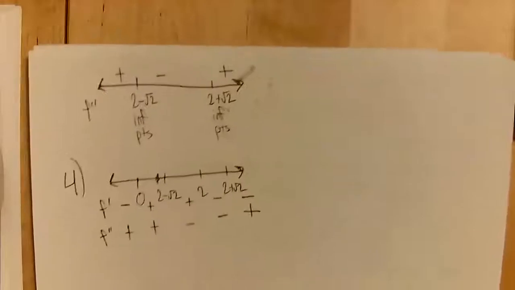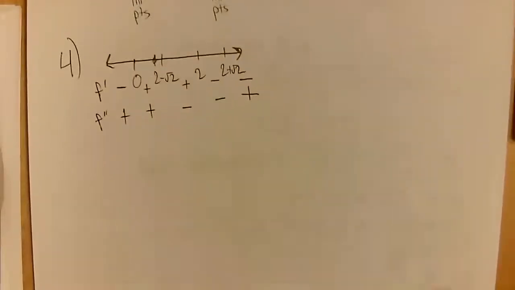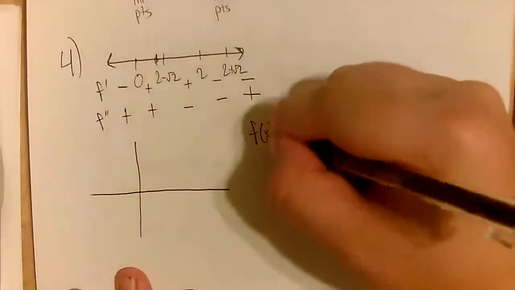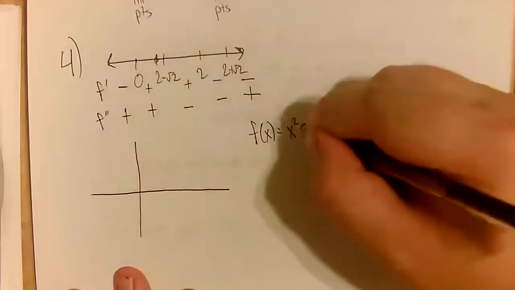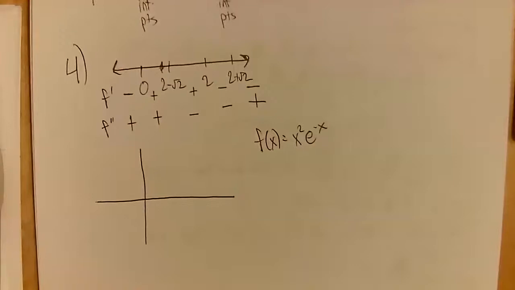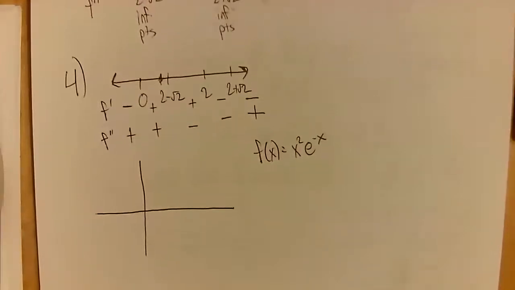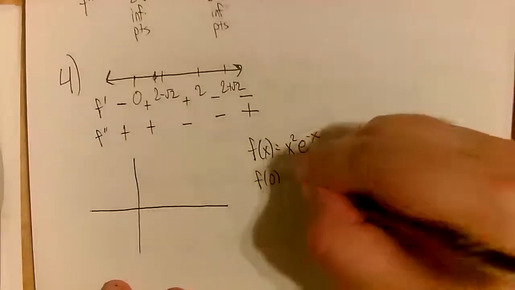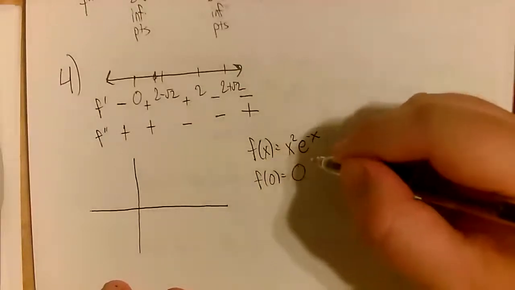All right, now let's go ahead and draw our graph here. Okay, so recall that the function we were looking at is x squared e to the negative x here. And the important points are all listed right here. So we know that f of 0 will be, well, 0.